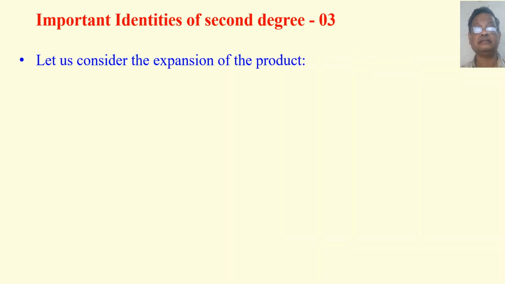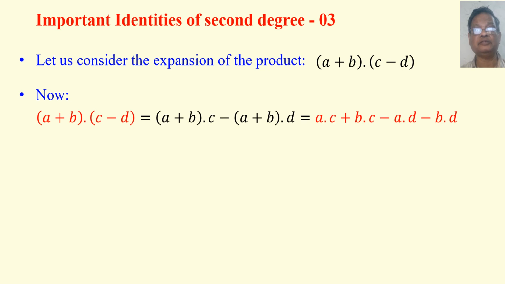Let us consider the expansion of the product (a plus b) into (c minus d). Now, as shown, (a plus b) into (c minus d) is equal to a into c plus b into c minus a into d minus b into d.